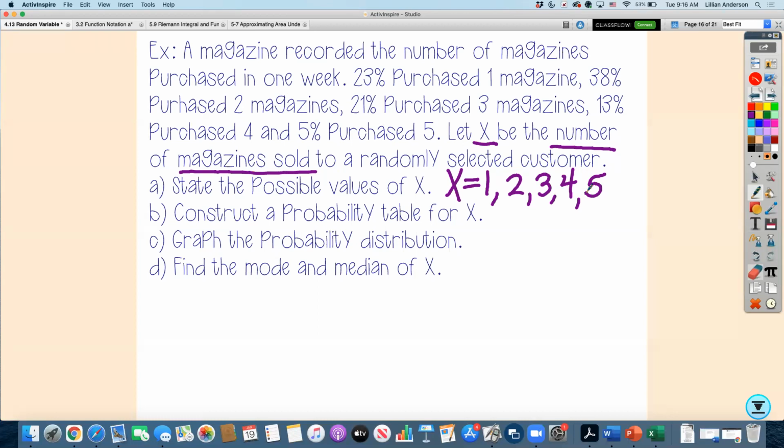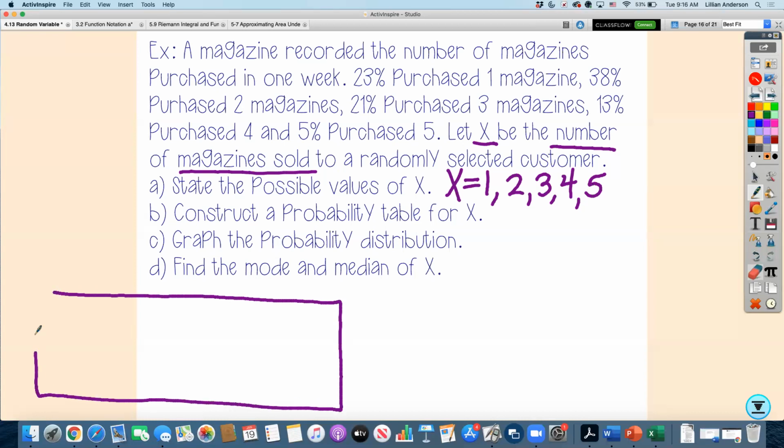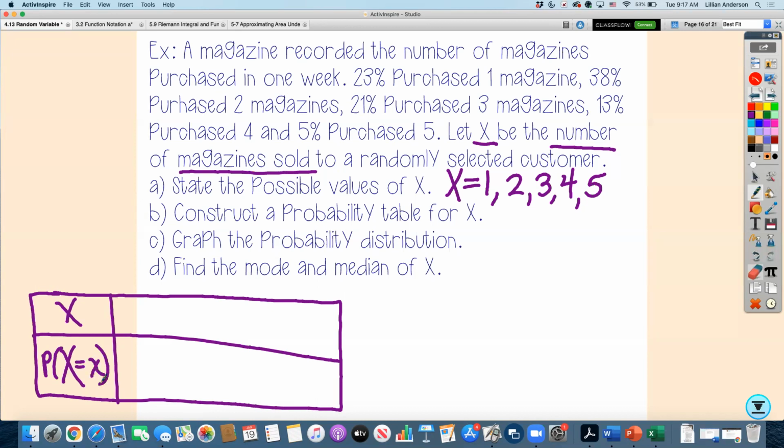Okay. Now it says construct a probability table for X. That was the table that I showed you a few slides back, where it had X, a lowercase x, at the top, and the probability of capital X equals lowercase x at the bottom. Now remember, the small x represents all of the different possible values that the capital X can represent.